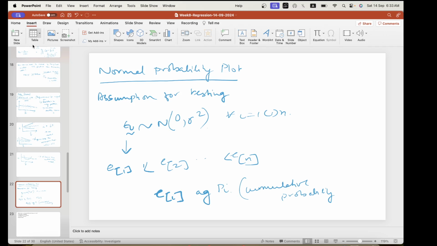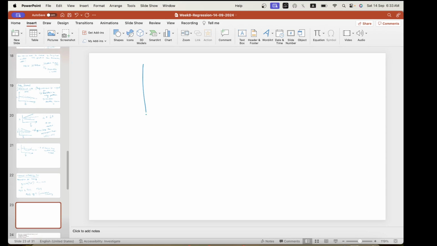If in this plot of ei versus pi we see that the values are scattered about y equal to x, then we can say the residuals are normally distributed.